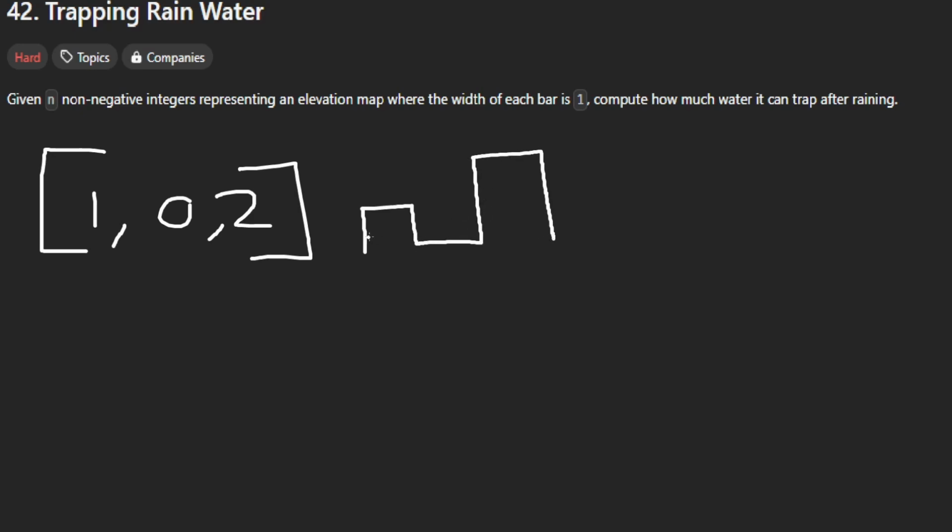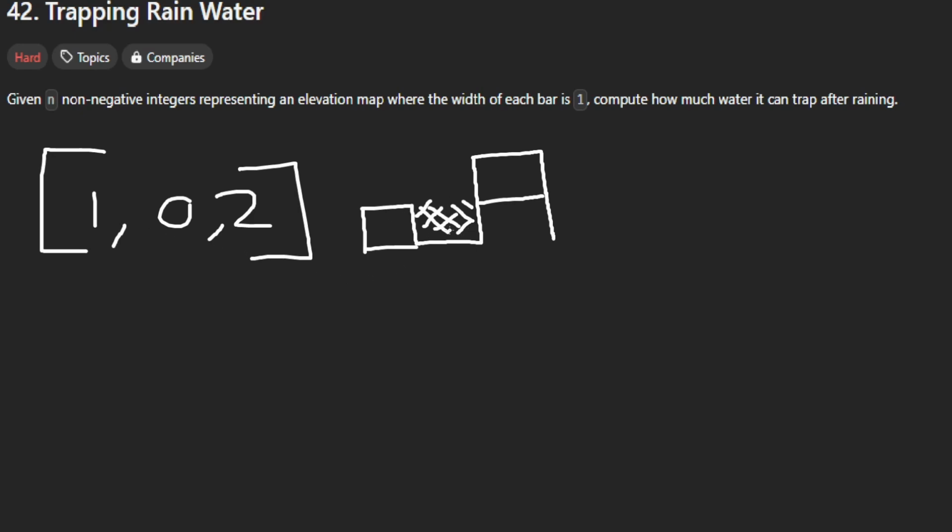And in this case, we have one block here, one block, two block, and one empty block here. And here would be where the rainwater would get trapped. And this is what we're aiming to calculate, how much rainwater is trapped by this array, right?